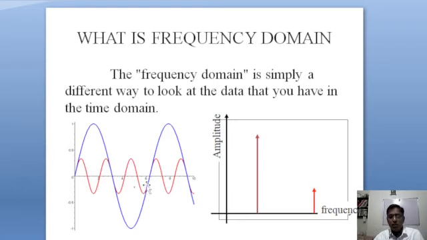That is why a small arrow represents the red wave, whose frequency is much higher than this large arrow. So this large arrow indicates the frequency of the blue wave, and the small arrow indicates the frequency of the red wave.